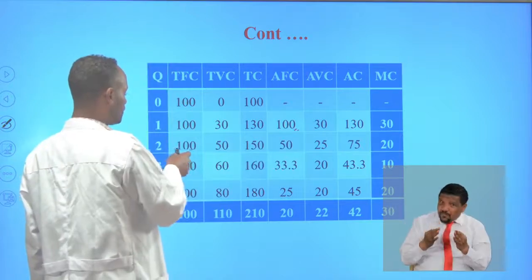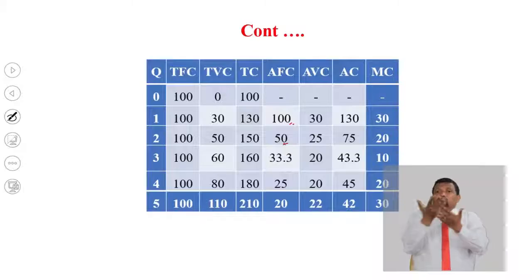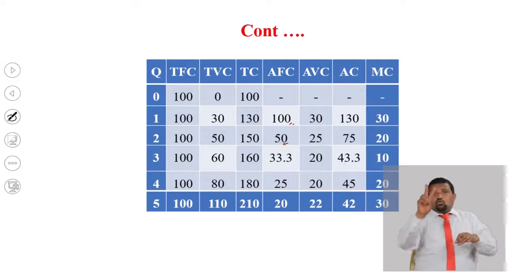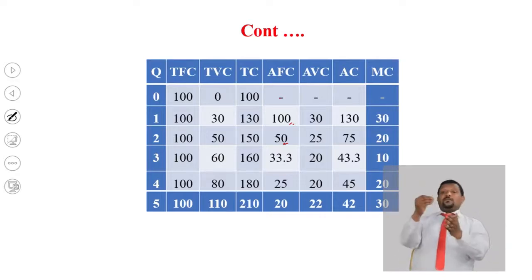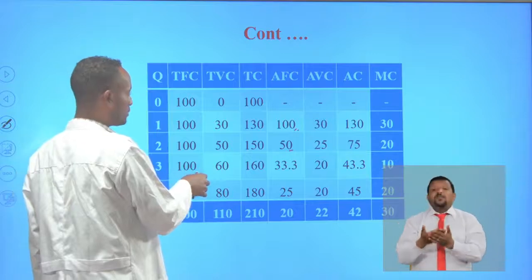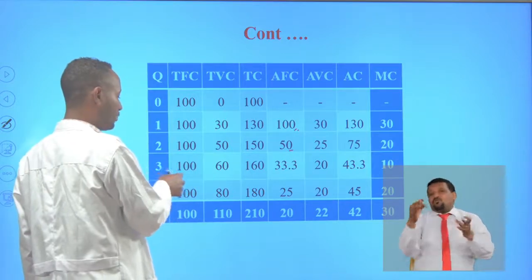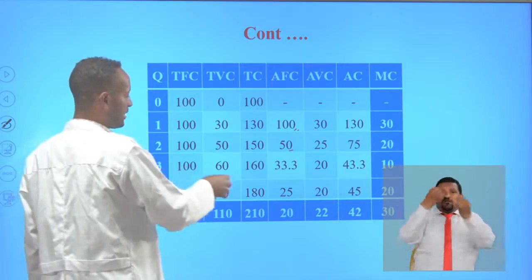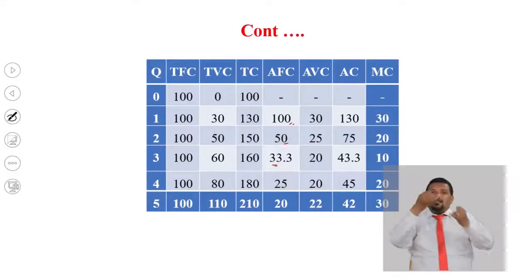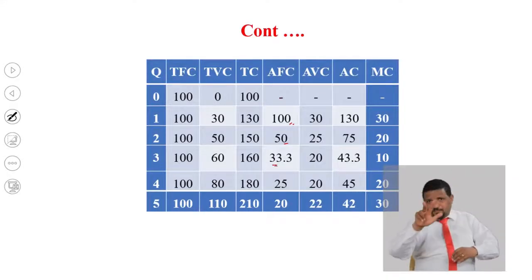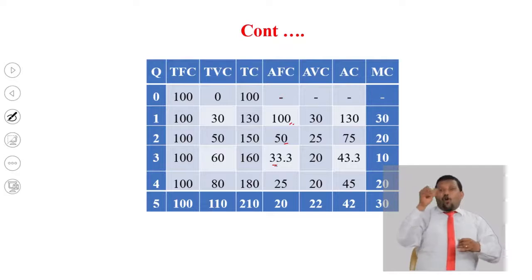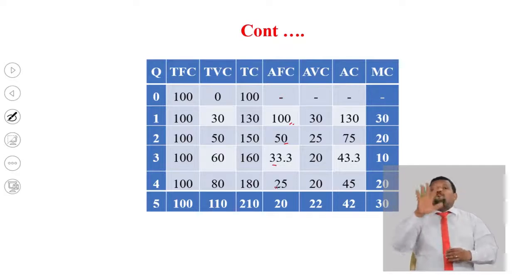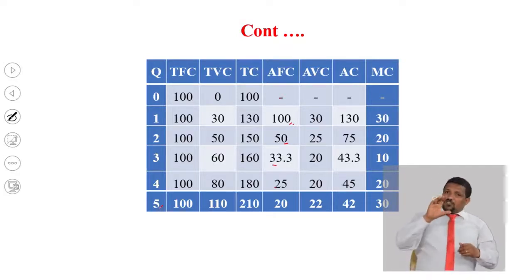If the output is 2 units, 100 divided by 2 is 50. And the total fixed cost of producing 3 units is 100 BR, then the average fixed cost of production will be TFC divided by Q, which is 100 divided by 3, it is 33.3. And the AFC of the fourth unit is 25 and the AFC of the fifth is 20.